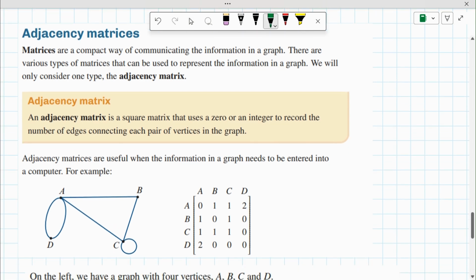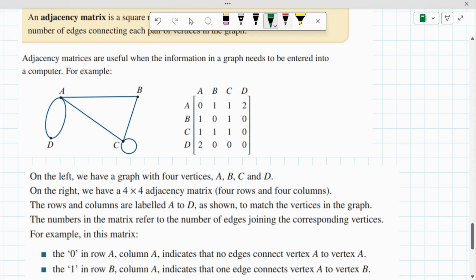We can see this one is an example. A to A, there are no connections, no loops. A to B, we have one connection, which is 1. A to C, we have one connection.